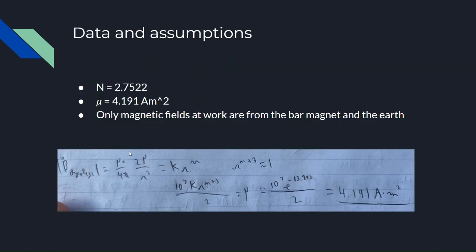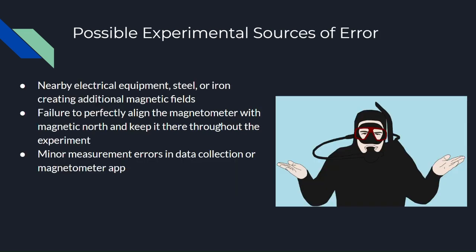And by using other given equations, we found mu to be 4.191. It's important to note that we assume that the only magnetic fields at work during the experiment are from the bar magnet and from the Earth. So some experimental sources of error would be that nearby electrical equipment, steel or iron, created additional magnetic fields that were not accounted for. There are also some other possible sources of error given here.